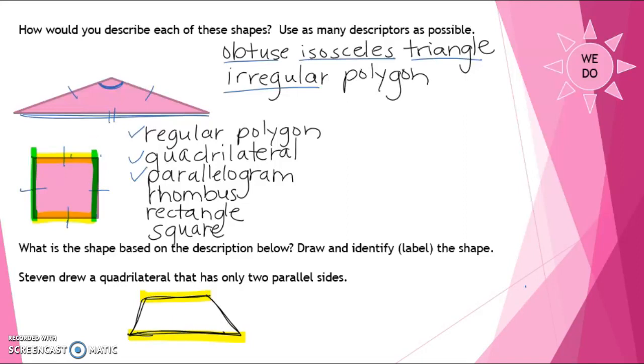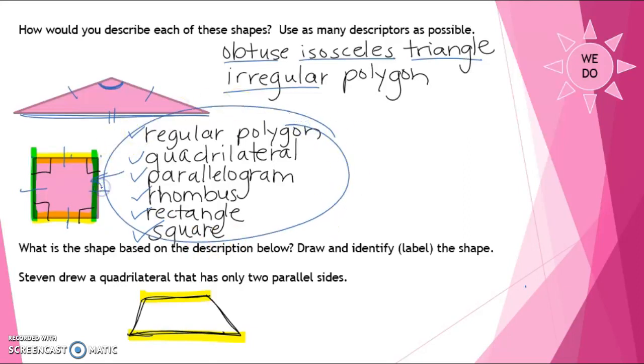It is a rhombus because all of the sides are the same length. It is a rectangle because opposite sides are parallel and we have right angles. And then it is a square. Obviously, we recognize that shape because all of the sides are the same. This list describes this square.